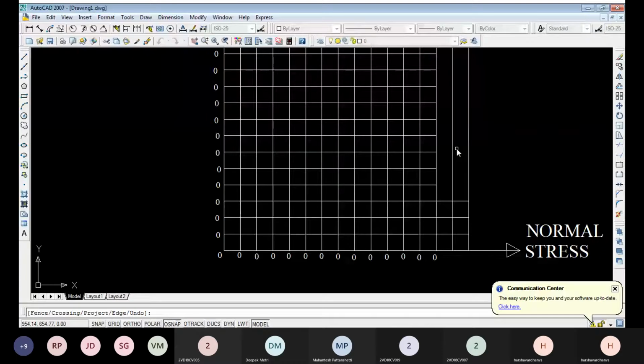I hope all of you can see. The graph is visible.